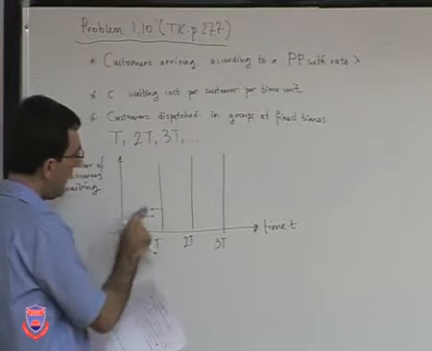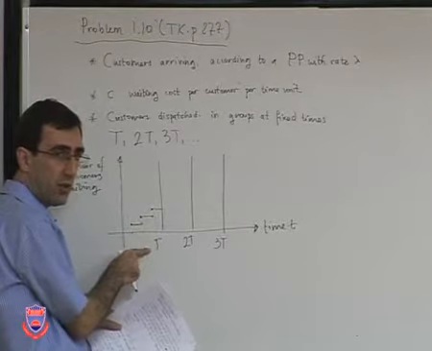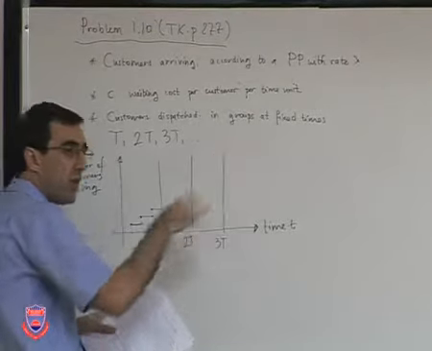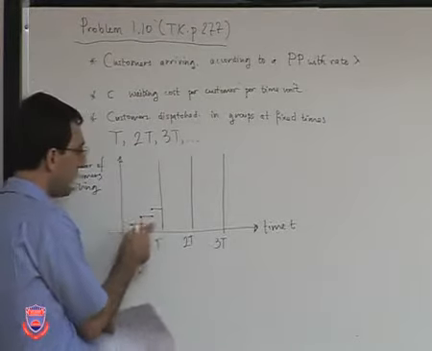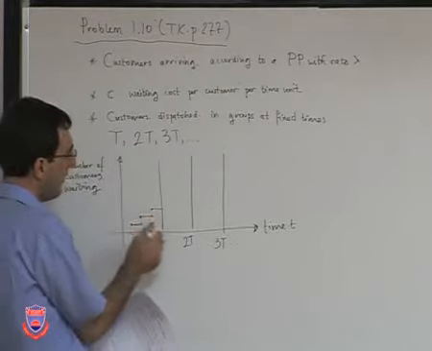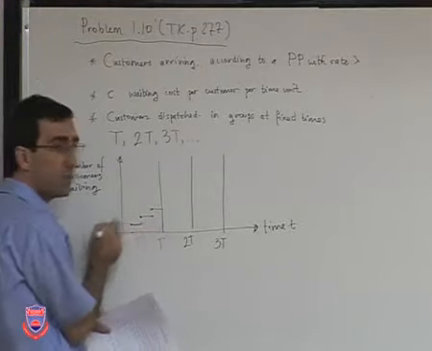Let's say there are 3 customers when the first bus is dispatched. We serve these 3 customers, they leave the facility, and the number waiting drops to 0.